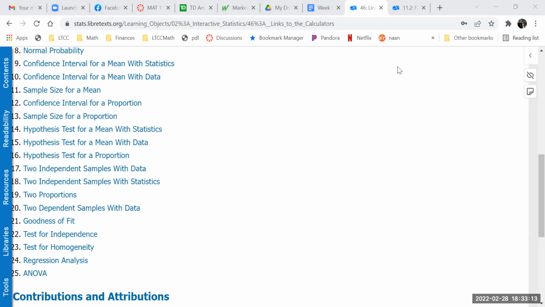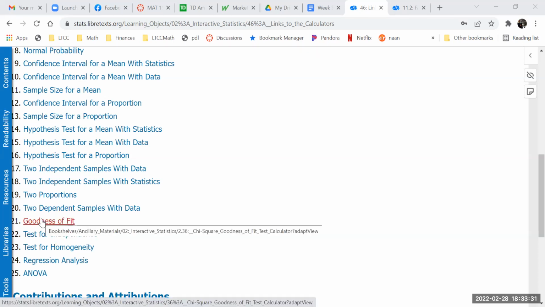We have a sample from a population that we don't know, and we want to see if that sample is too far away from what you would expect.